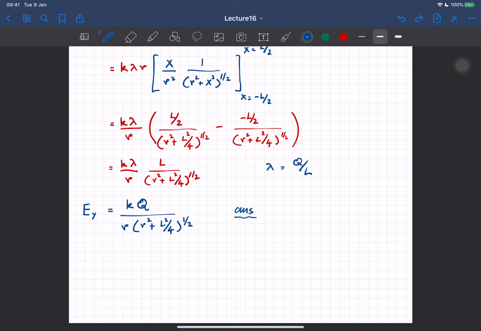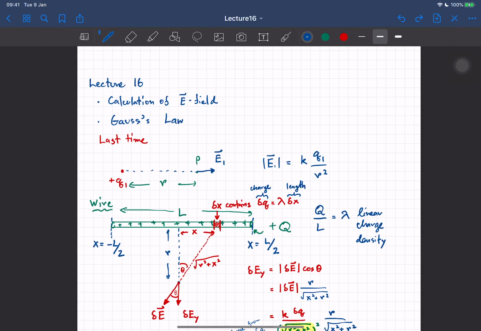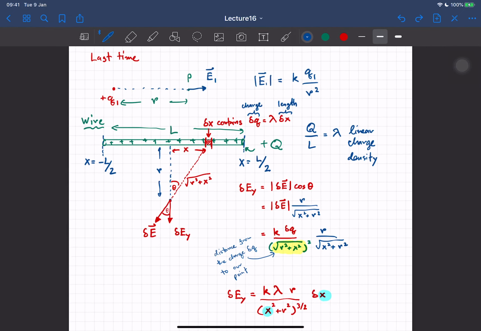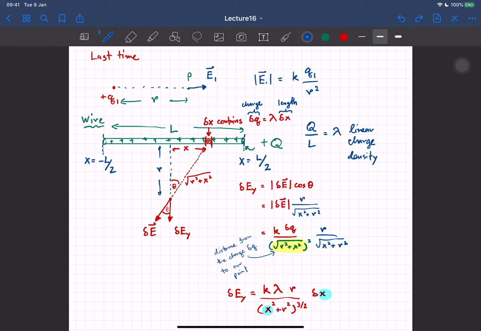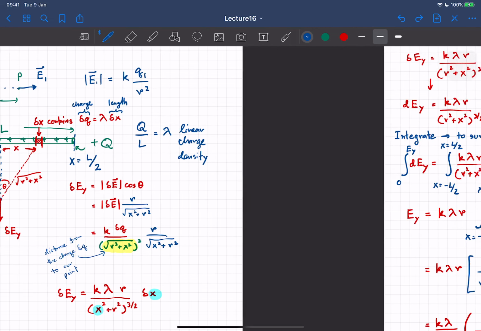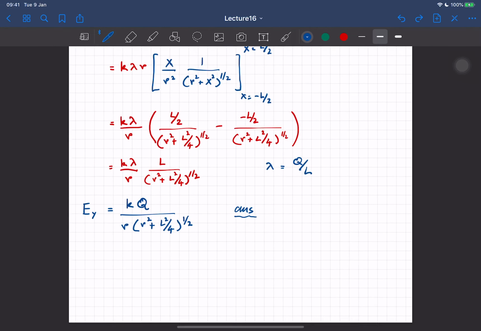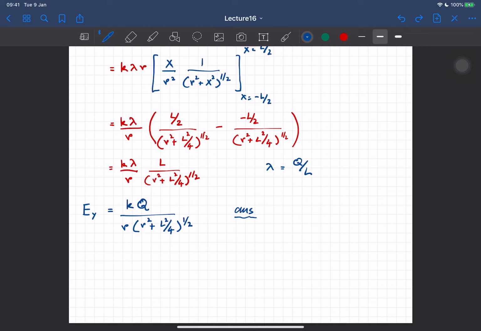Anyway, what's interesting is this. This is the electric field from a piece of wire which is this long. Sometimes the wire is really, really long, almost an infinitely long wire. So we're going to put in the limit.